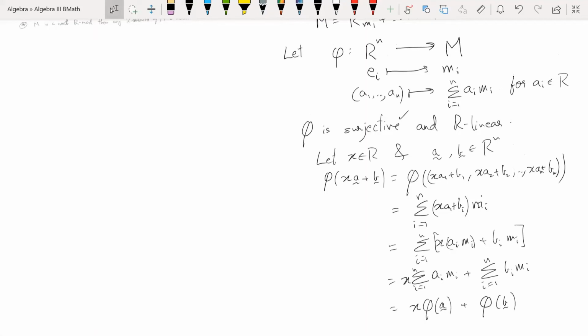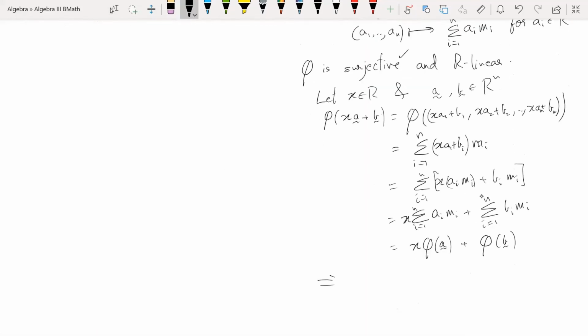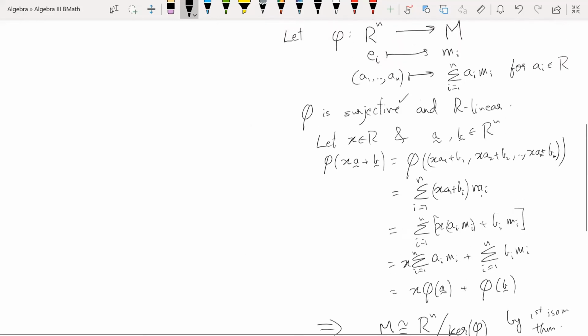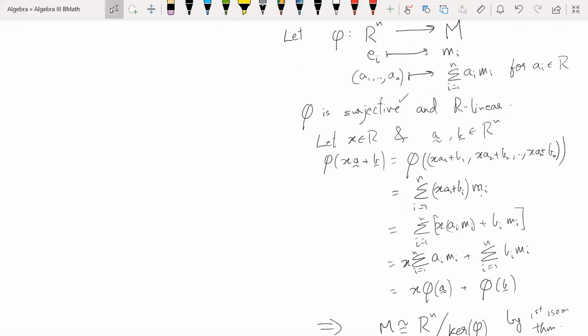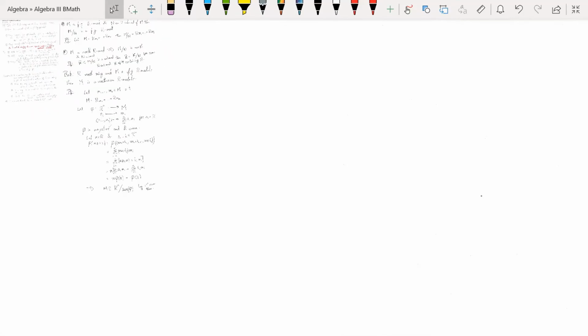So M is isomorphic to R^n mod kernel phi by the first isomorphism theorem. Maybe I should write it first.